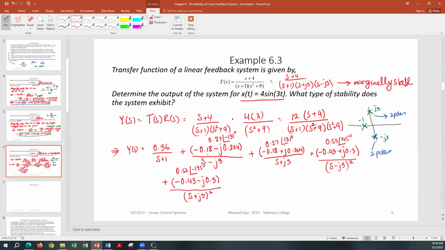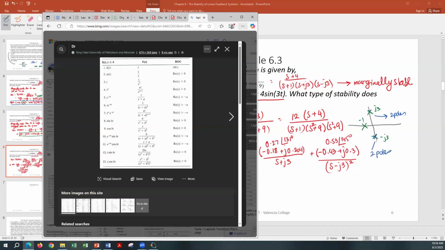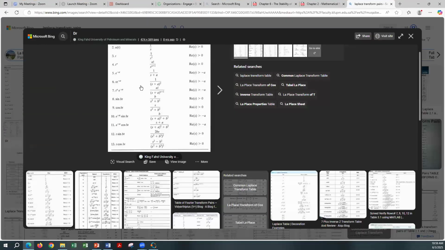All right, the first one and the second pair is easy. Now this, with the denominator s plus j3 squared, is not in the table in the book, but if you search online, you can find that 1 over s plus a squared is t e to the power negative alpha t.